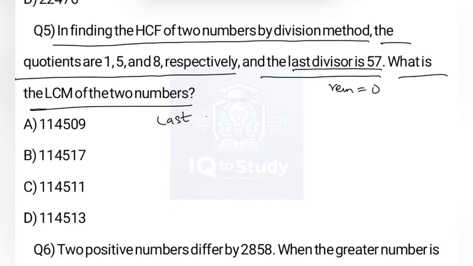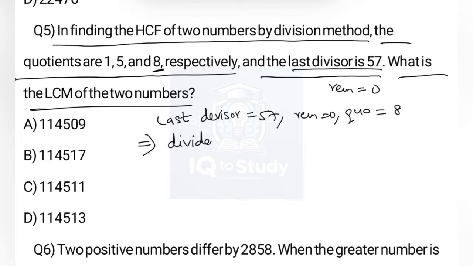Last divisor is equal to 57, remainder 0 and quotient is 8. Dividend is equal to quotient into divisor plus remainder, that is equal to 456.